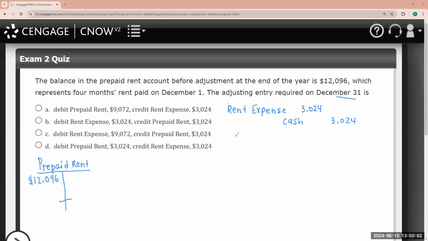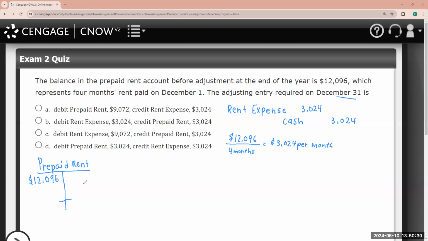We did the math, and we know that $12,096 divided by 4 months equals $3,024 per month.